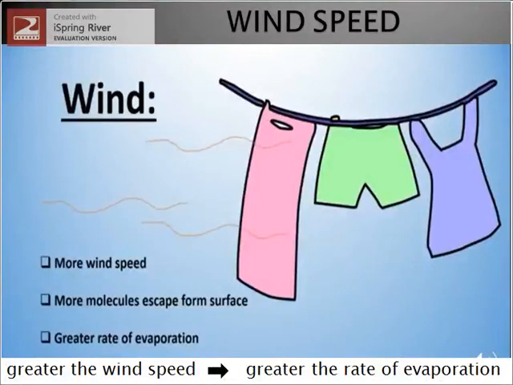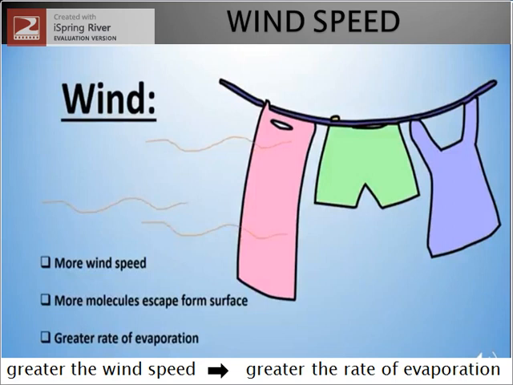Now the fifth one, wind speed. How does wind speed affect the rate of evaporation? It is a common observation that clothes dry faster on a windy day. Why is this so? With the increase of wind speed, the particles of water vapor from the surroundings move away with the wind.